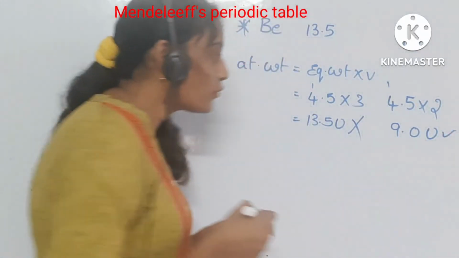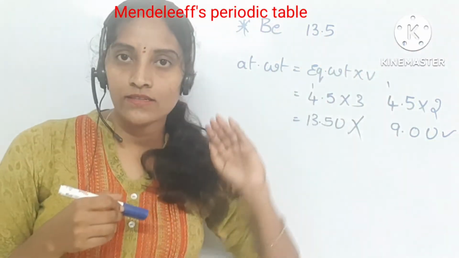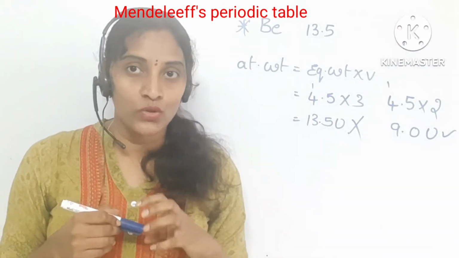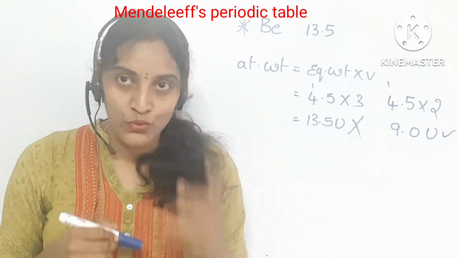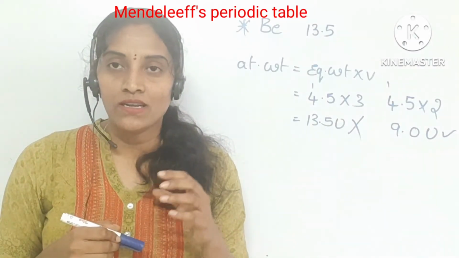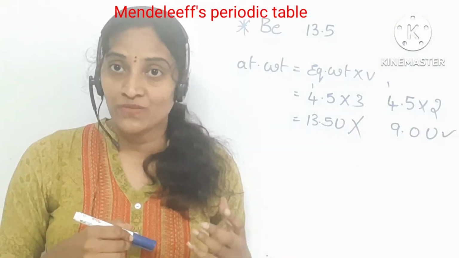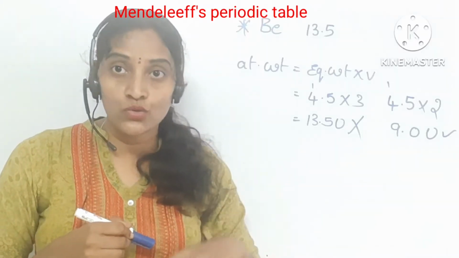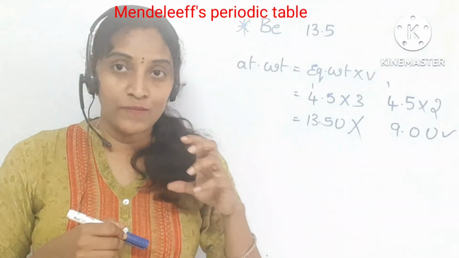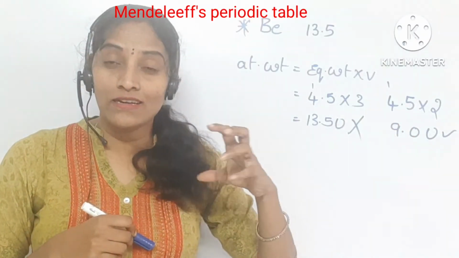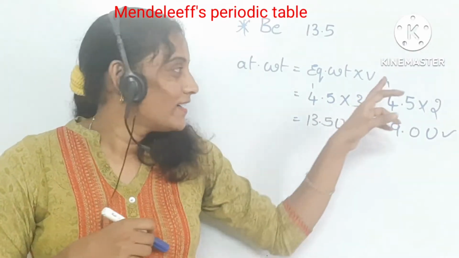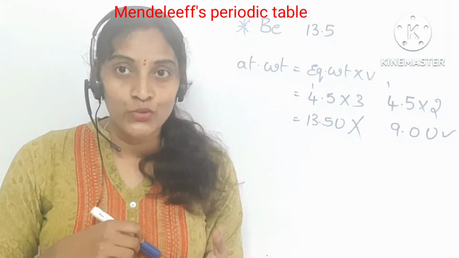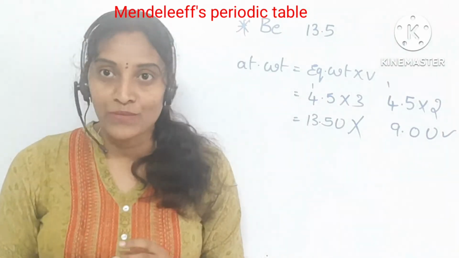If its atomic weight is 9 and its valency is 2, then it fits in group 2 elements. The group 2 elements are magnesium, calcium, strontium, these elements. So if it fits into group 2, all the properties of beryllium and other group 2 elements are going to be similar.